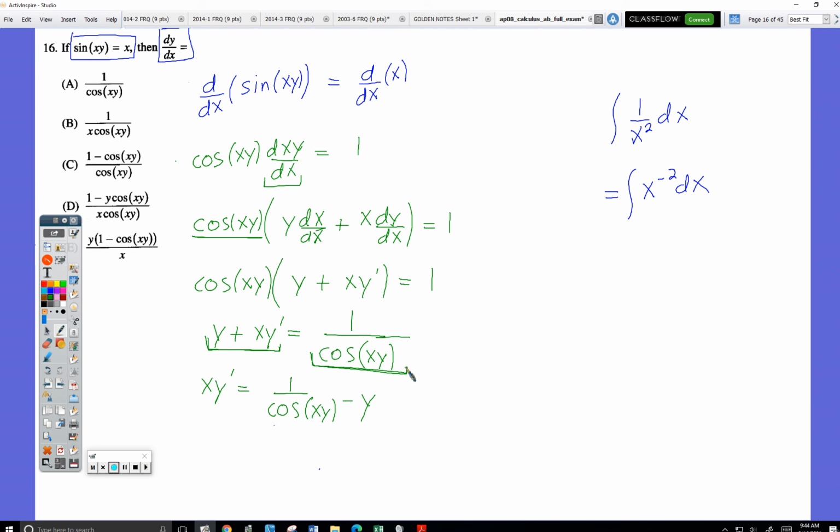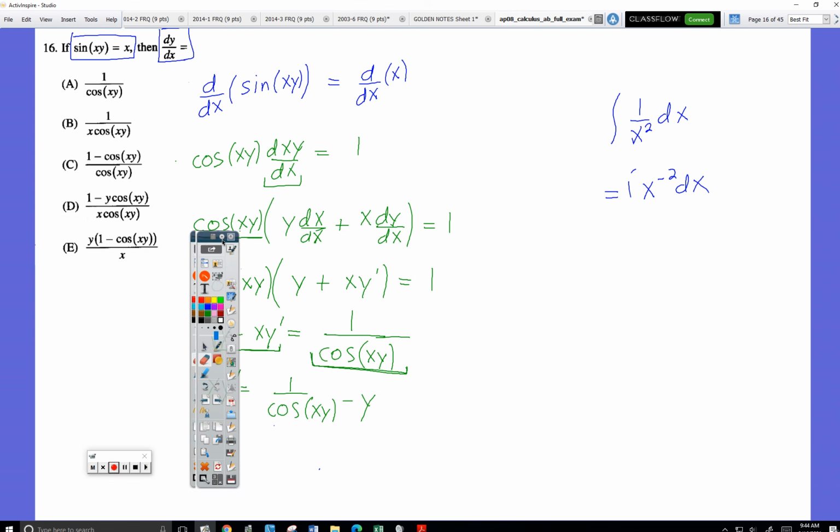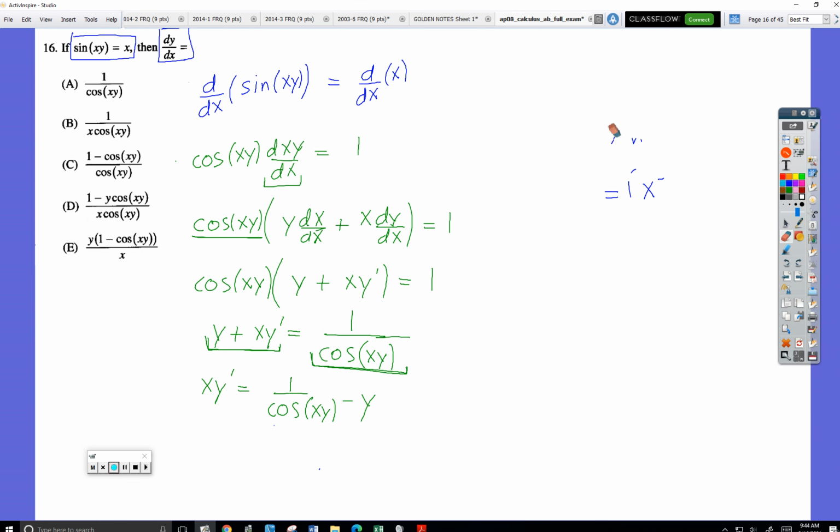So next thing, divide by x. Let's get some space here. We're going to get y prime equals 1 over cosine xy, subtract y, all divided by x, which if this were FRQ, you quit and you're done.